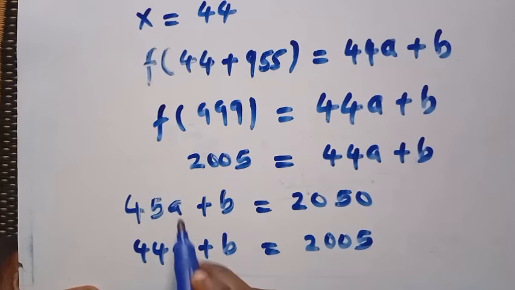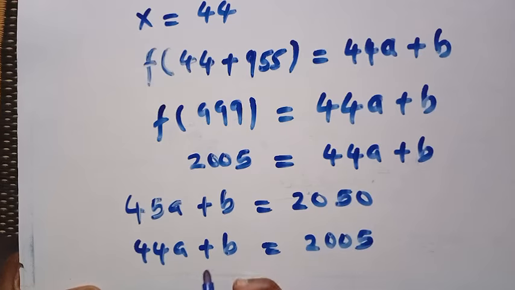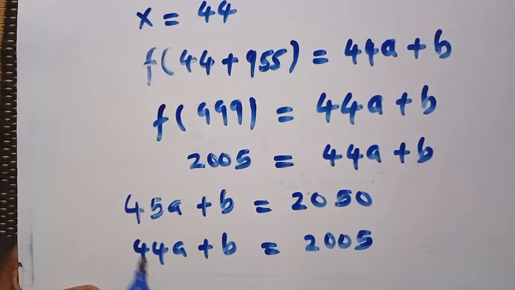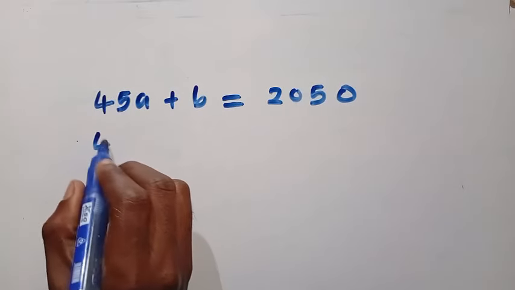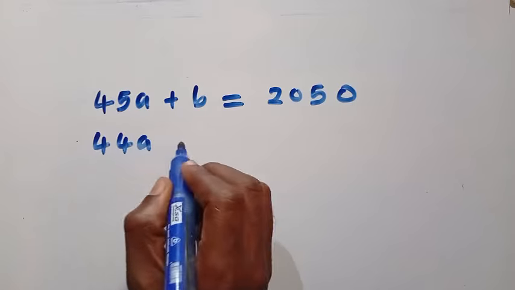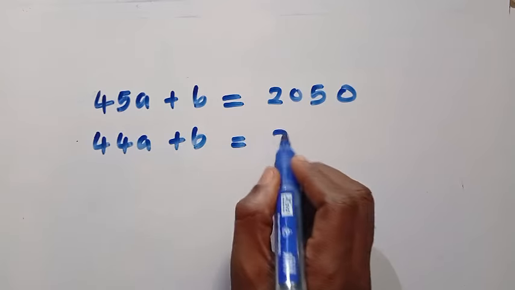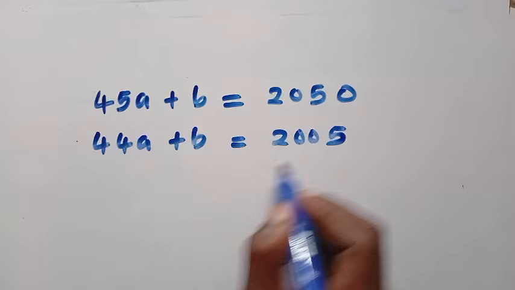We have to provide the solution to a and b, then we subtract the two according to the asked question. So if I subtract these two equations, here is equation 1, and equation 2 is 44a plus b equals 2005.